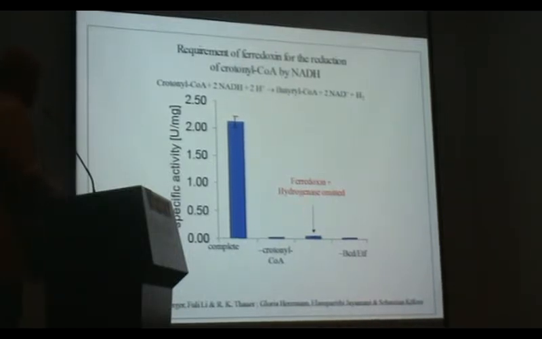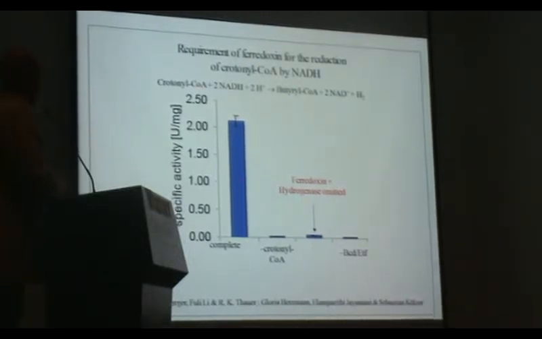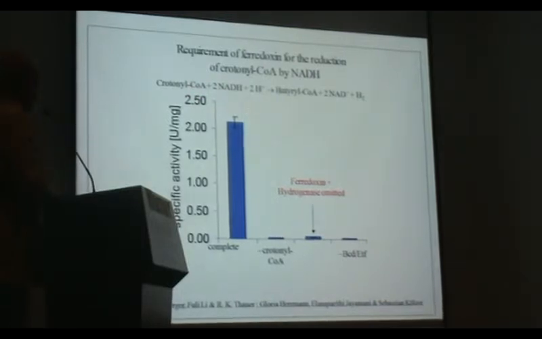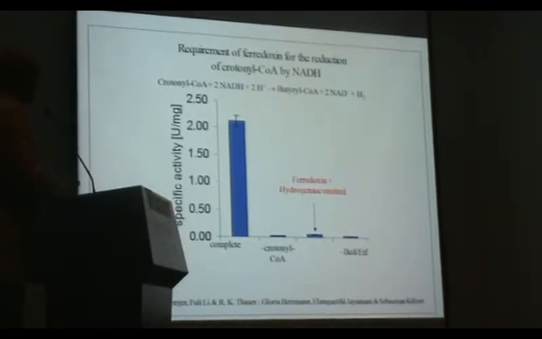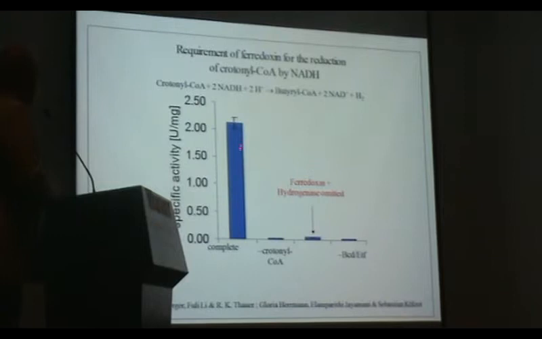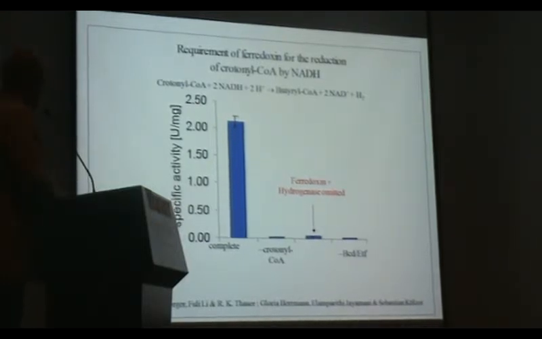And so we were able to reduce crotonyl-CoA, but this is coupled to the reduction of ferredoxin, which then reduces protons to give hydrogen.